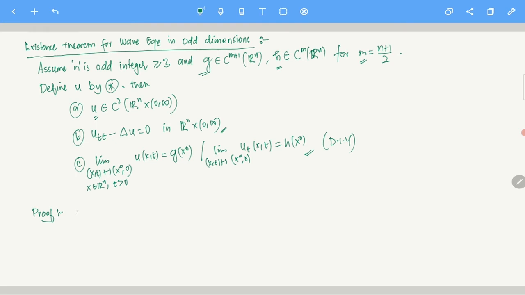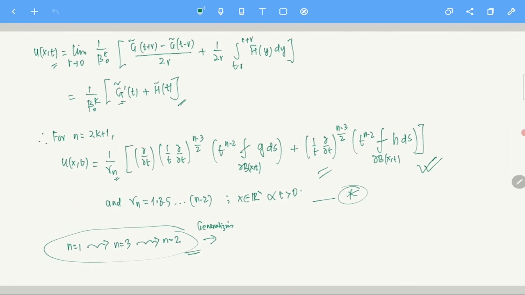Now we are starting out by first letting g be identically equal to 0. This is just to make our life simpler. So what is u of x,t? See, if g is 0, this part is gone, that part is gone, so we are only left with this. So 1 by gamma_n, (1/t ∂_t)^((n-3)/2) of t^(n-2) times the average of h.